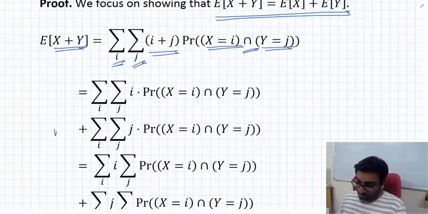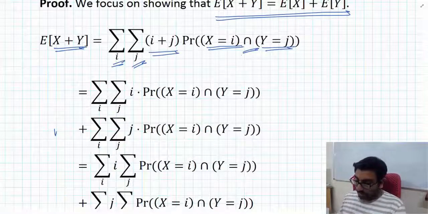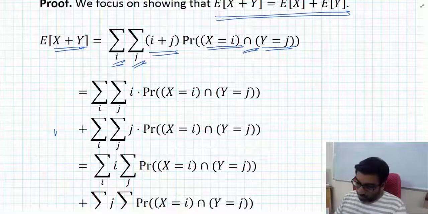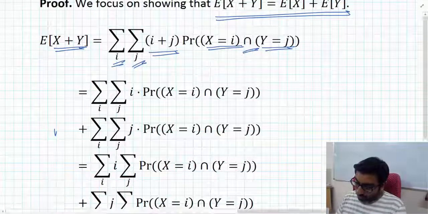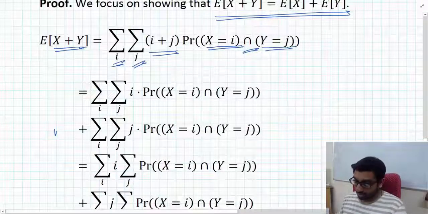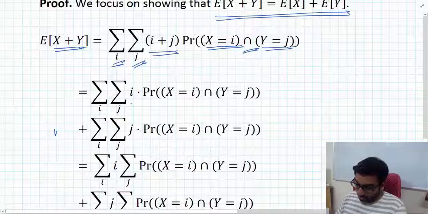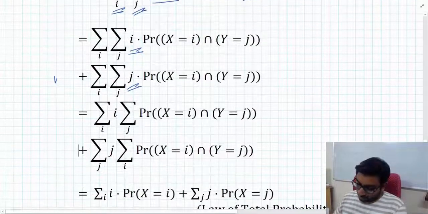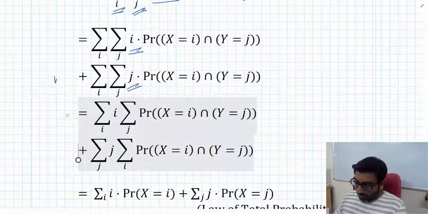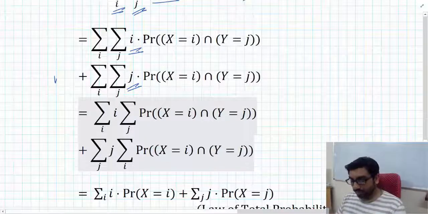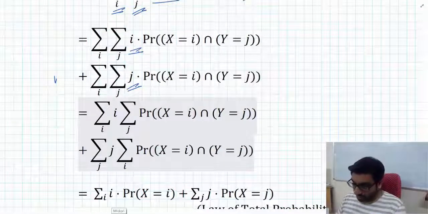Okay, so let's proceed and expand this expression out. What we are going to do now is separate the i plus j term into a term with i and a term with j in it. And notice that these two summations, summation over i and summation over j, can be interchanged.